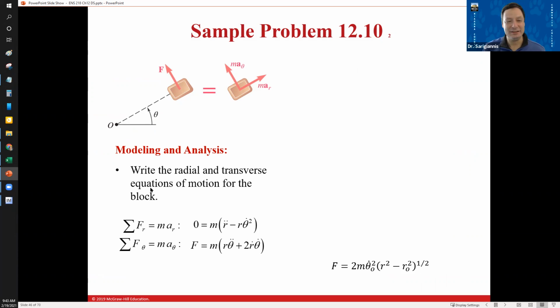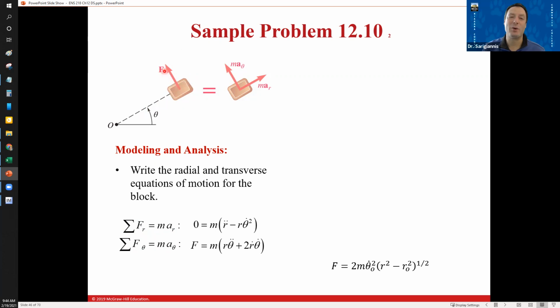All right, these are just to remind you. These are the equations. The sum of the forces in the r direction is equal to m a_r. The sum of the forces in theta are m a_theta. Now first we should draw the free body diagram. It looks like this, and remember, there's no friction.